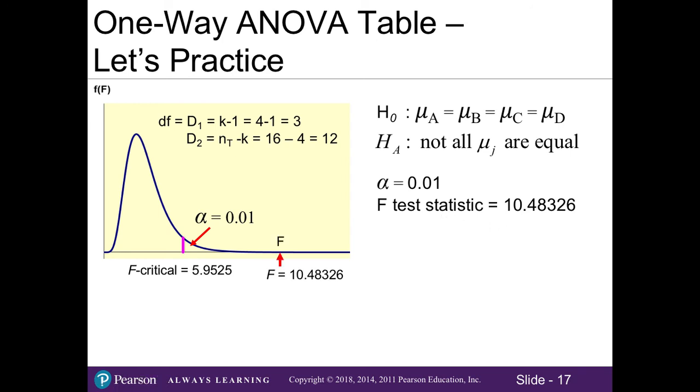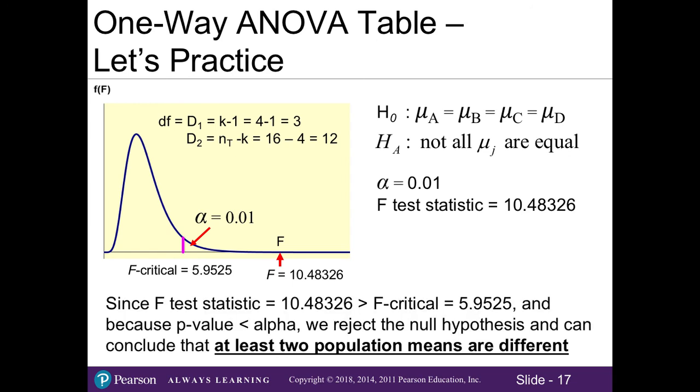We can see that it is to the right of our critical value. So since our F test statistic of 10.48326 is greater than our F critical of 5.9525, and because our p-value is less than our alpha, we can reject the null hypothesis and conclude that at least 2 population means are different. I don't know which ones are different, but at least 2 of them are.